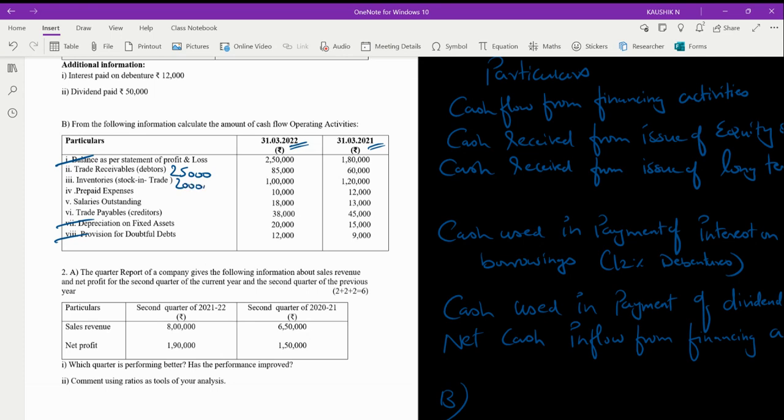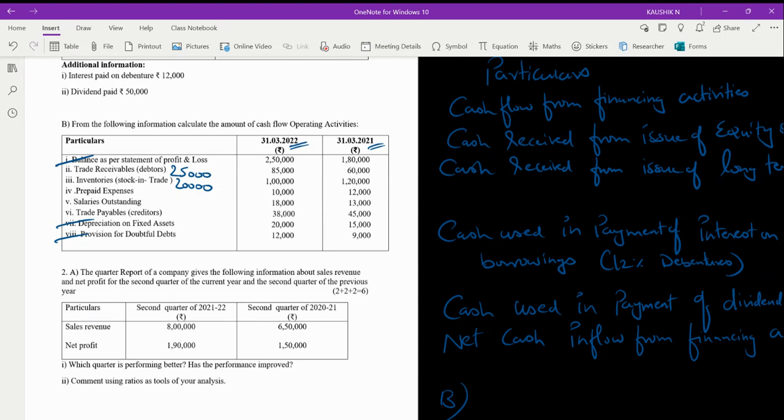Tell me, should this 20,000 be added or subtracted? Decrease in current asset, will you subtract it or will you add it? Please respond. Very good.